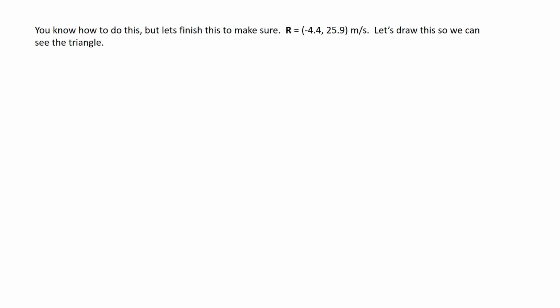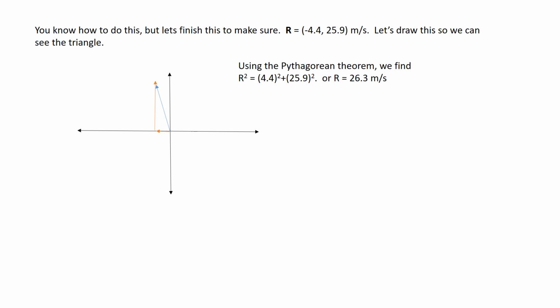Let's draw it out so you can see the triangle. There's my coordinate system, there's my x and y vectors, and there's my hypotenuse. Using the Pythagorean theorem, r squared is going to be 4.4 squared plus 25.9 squared. I get it to be 26.3 meters per second. Finding the angle.